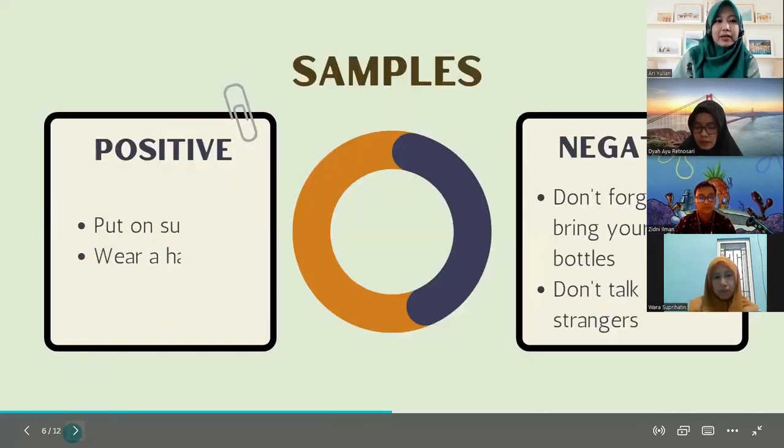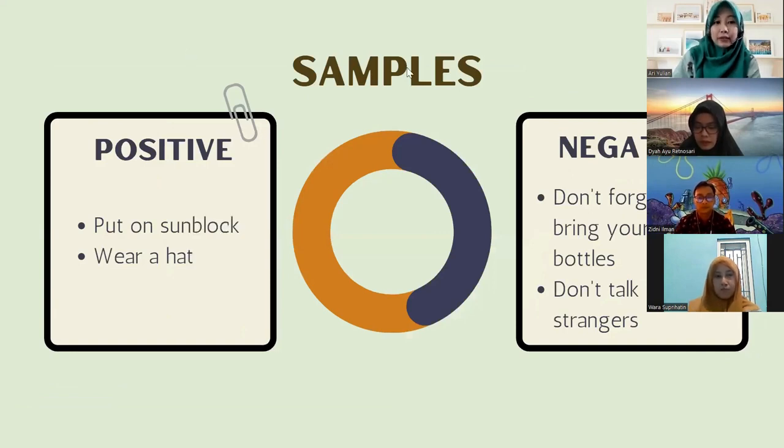Okay, samples. These are the samples of positive and negative imperative. Untuk positifnya terlebih dahulu, contohnya adalah put on sunblock. Ada yang tahu put di sini posisinya sebagai apa ya, berdasarkan pattern yang tadi? Sebagai verb 1, betul, verb 1.